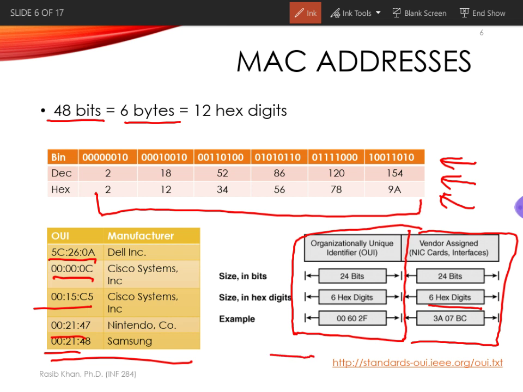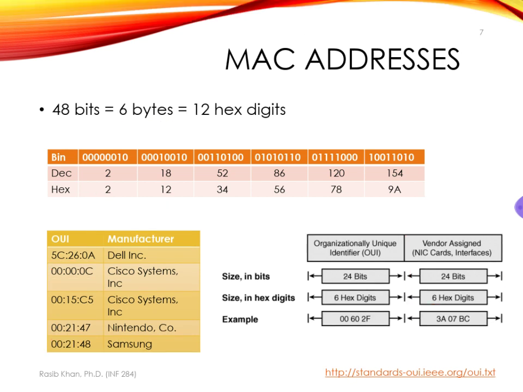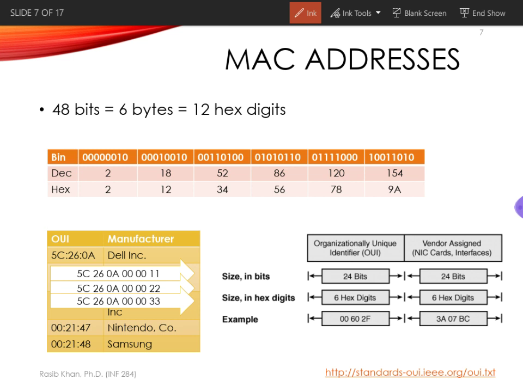So the result is that when a manufacturer is putting out in the market a specific device, it comes with these 6 hexadecimal digits, which refer to the organizational unique identifier, followed by 6 hexadecimal digits for that specific interface.